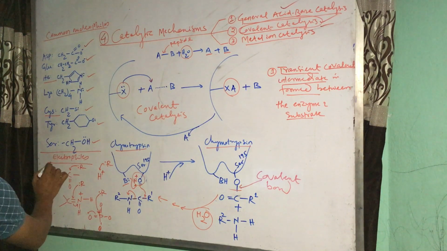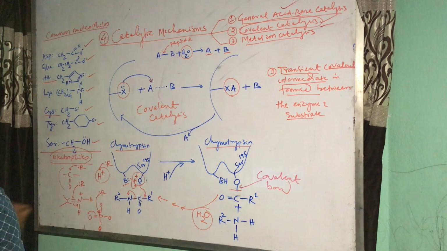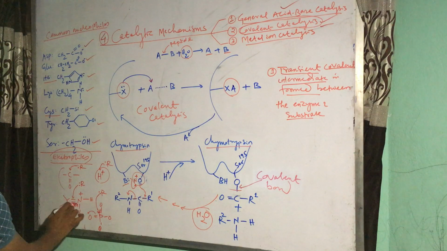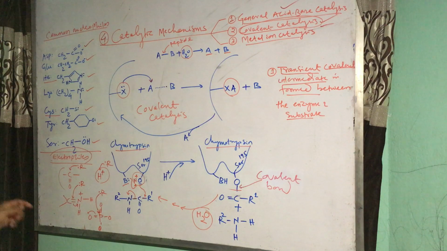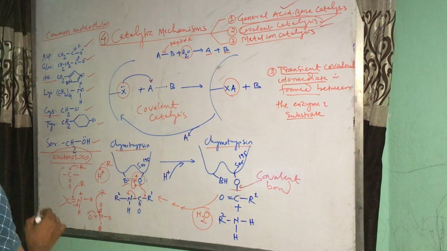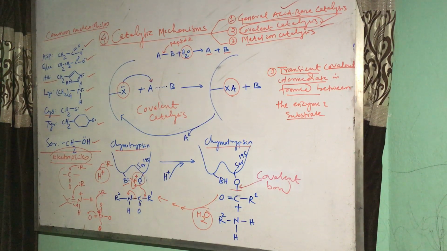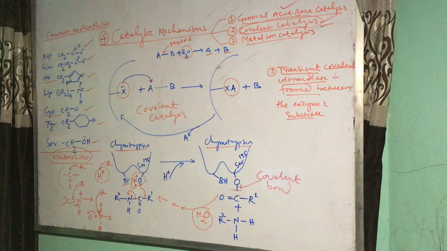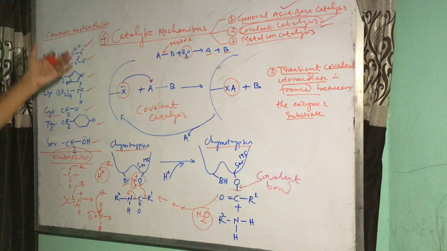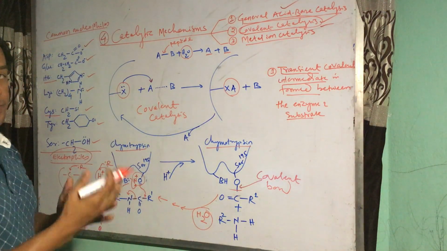Some of the common electrophiles include the carbonyl group, proton, the peptide bond, the Schiff base, and the phosphate group. These groups are deficient in electrons, so they can pull electrons from nearby electronegative groups. We'll be studying more about this type of covalent catalysis in the subsequent videos.